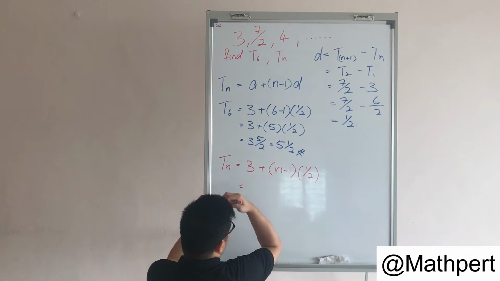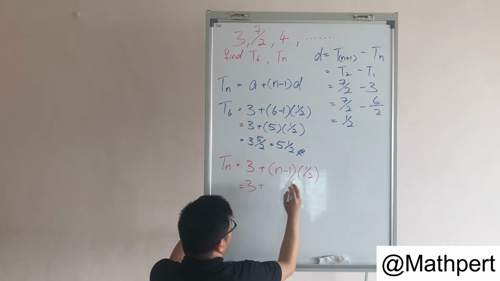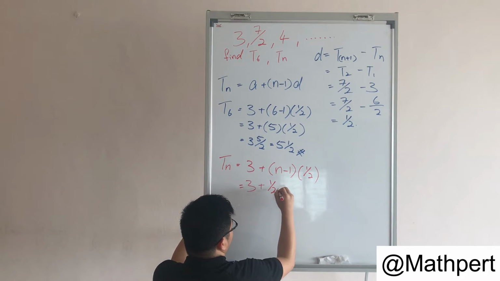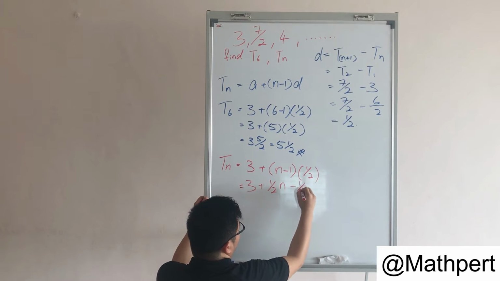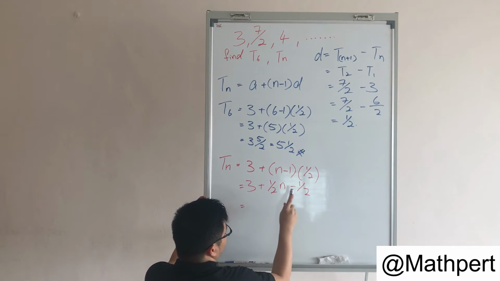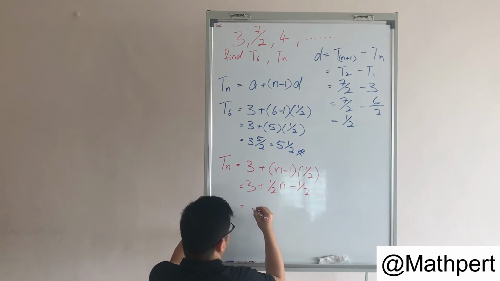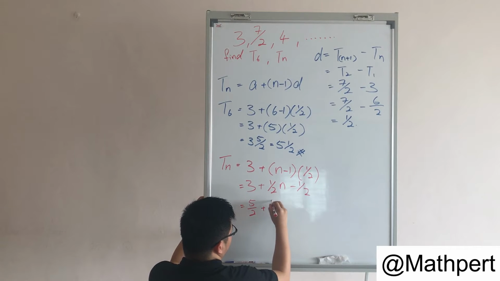So we will have 3 plus 1/2 n minus 1/2. So 3 minus 1/2, we will have 5/2 plus 1/2 n.